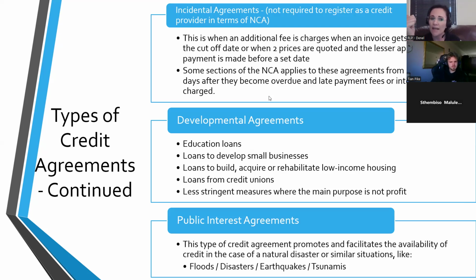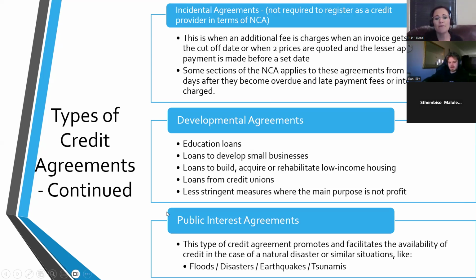So if it's an education loan, a loan to develop small businesses, loans to either build, acquire, or rehabilitate low-income housing, loans from credit unions, all of these types of agreements where the main purpose is not to make profit, but to enable citizens in our country to grow and to get education, then it won't fall under the rules of the NCA.